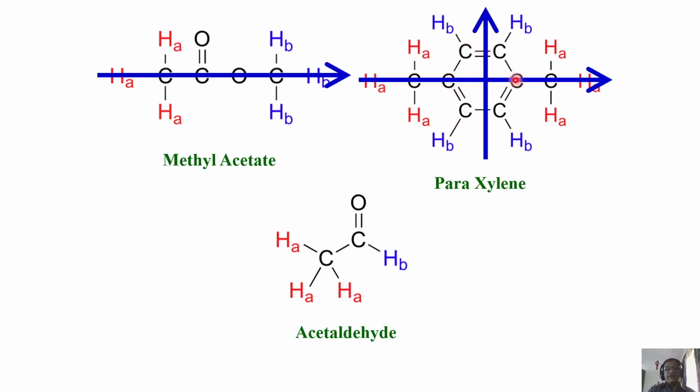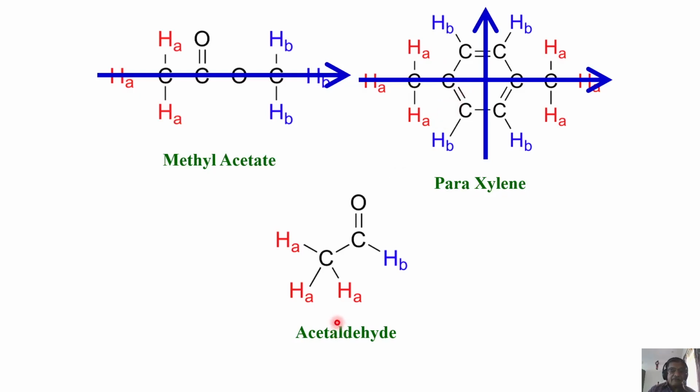This is equivalent to this. So these 2 carbons are equivalent. But these 2 are not equivalent with the remaining ring carbons. These 2 and these 2 are same. This and this are same. So we have 3 different types of carbon in paraxylene. We get 3 peaks in carbon 13 NMR.